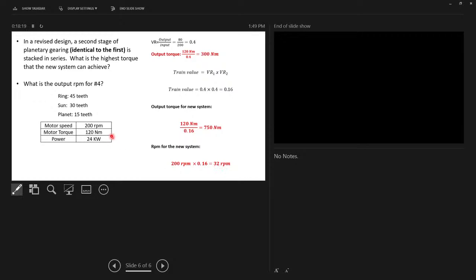So you can see it went from 200, again, this is a double underdrive, so 200 to 32 RPM, 120 Newton meters up to 750 Newton meters. And that's using the tabular method. Now I didn't leave it in a table, but I just took the equations out of the table and used the 5 laws of gearing as we needed it.